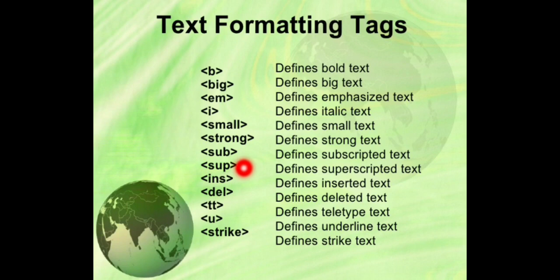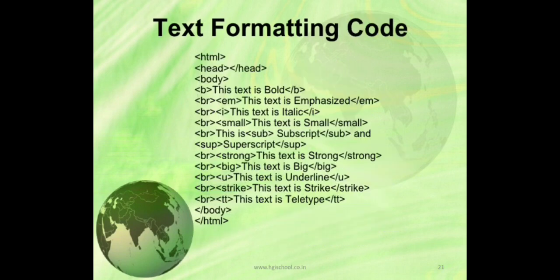So we will use the SUP tag for that. INS defines inserted text. DEL defines deleted text. TT is teletype text. U is underlined, and strike means the text will be struck through with a single line. On the next page we will see the example.